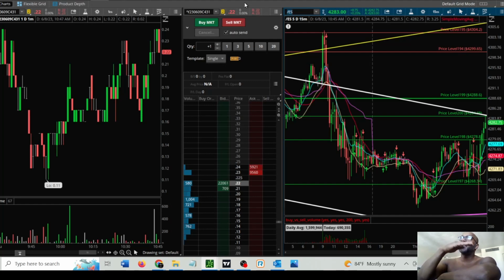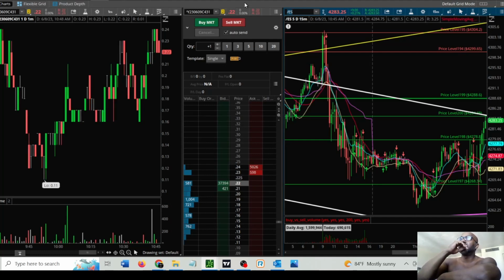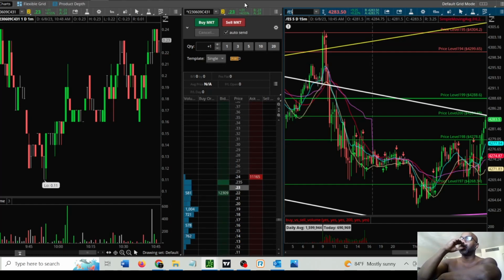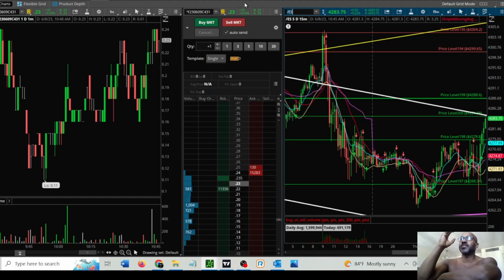Every time it does this though, it starts to go up and I put a buy in and it's sort of hovering in that level and I just don't get filled. And I know if I hit market buy, they'll give me the worst possible, if it's at 13, they'll give it to me like at 16, 17. I hate when they do that.